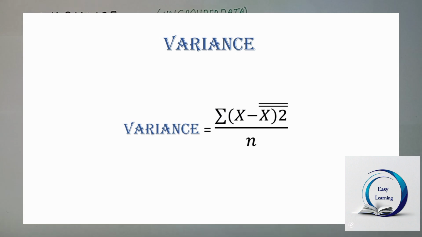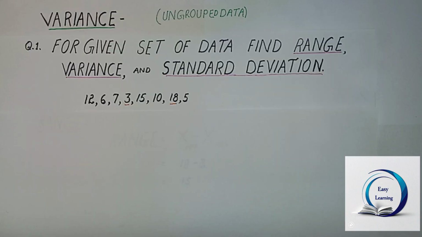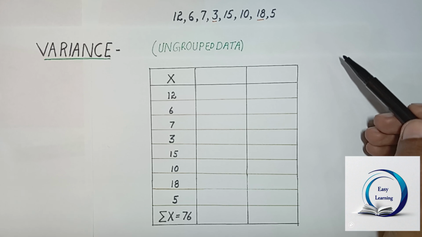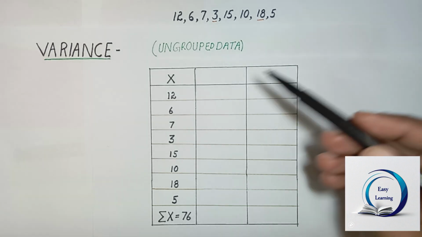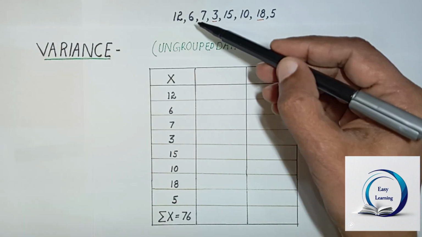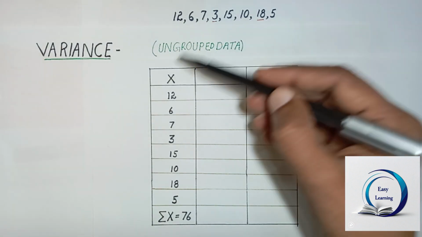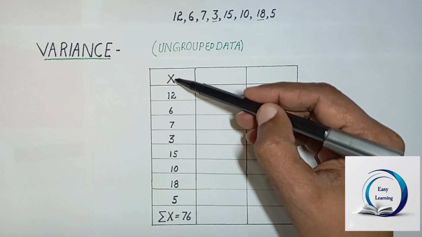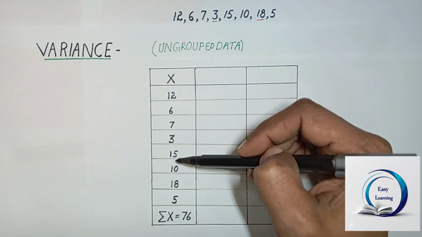We use the same problem to find out the variance of ungrouped data. To calculate the variance, you need to draw 3 columns and put all these observations into the first column named x. X stands for observations.